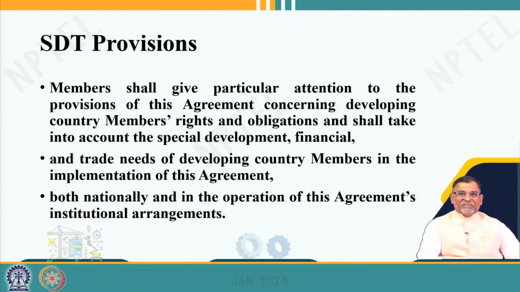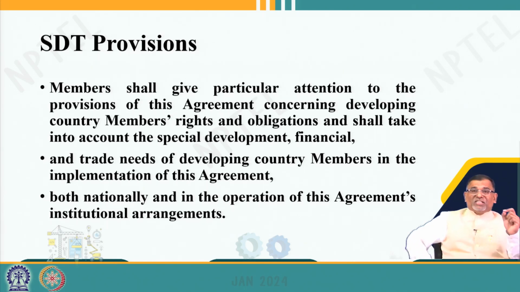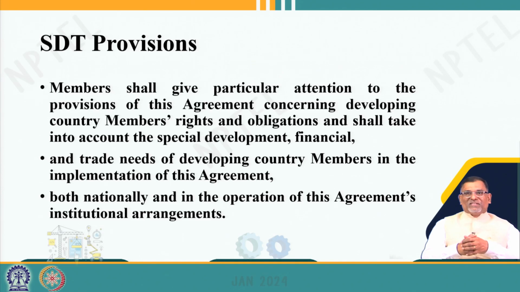It says particular attention is to be paid to the provisions of the agreement concerning developing country members' rights and obligations, and shall take into account the special developmental, financial and trade needs of developing country members. You can find the special and differential treatment provision in each and every WTO agreement, but the only question is whether developed countries are going to give special and differential treatment to developing countries, which we cannot find.